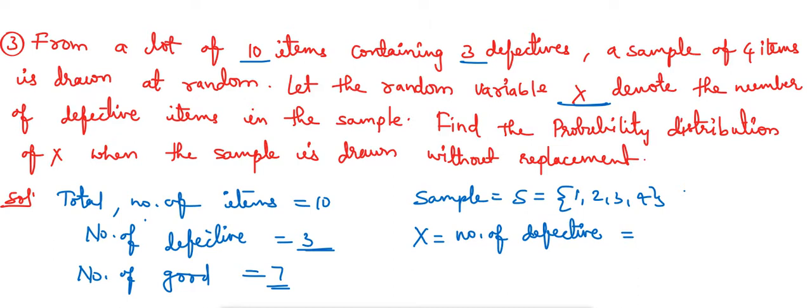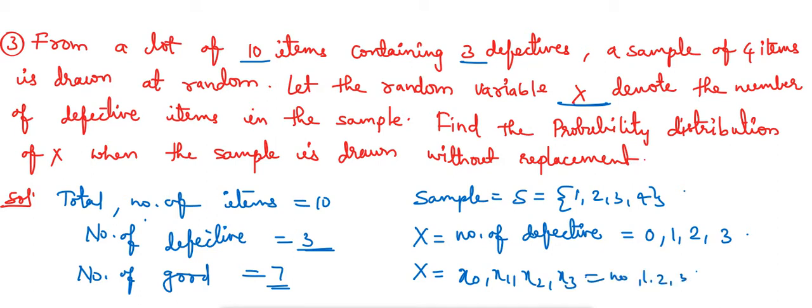Total 3 defectives are there. So no defective, 1 defective, 2 defective and 3 defective. That is, the random variable X takes the values 0, 1, 2, 3. These are the values related to the random variable.